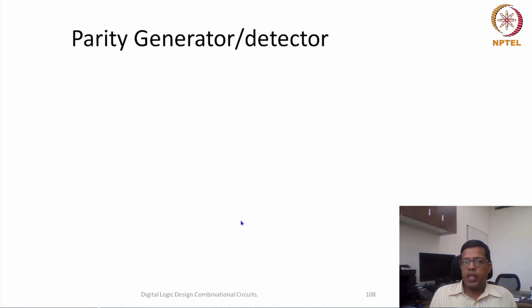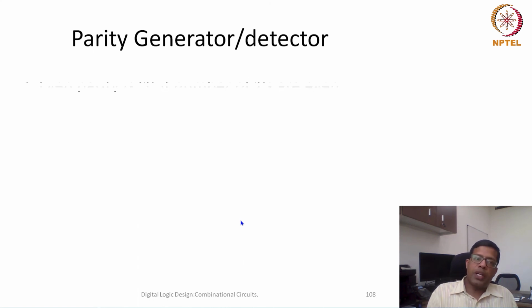Basically, that's why it is there at both ends, generator end and detector end. So at the generator end, one parity bit would be generated, and at the detector end again it is detected from the sequence. If the bit comes out to be same as whatever is the parity bit, then we say that yes, there is no error. And a single bit parity can detect 1 bit of error.